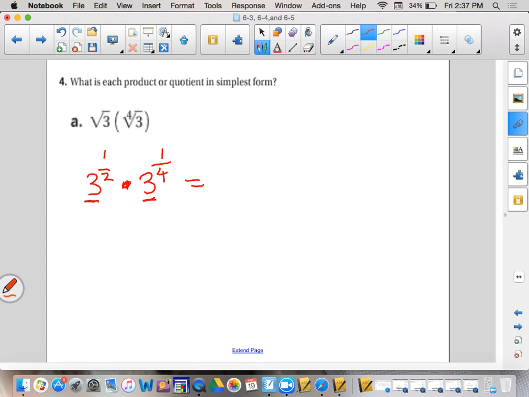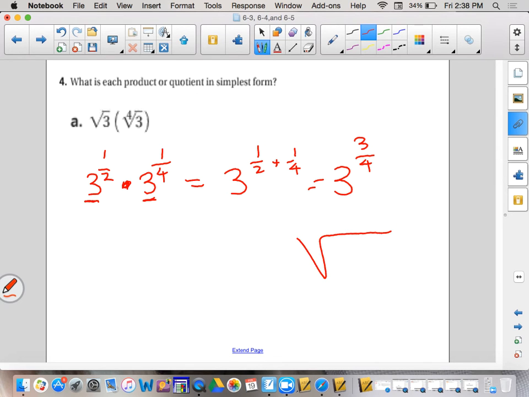Now, I have a problem that looks like this. My bases are the same. Does everybody see that? So I'm just going to move it over here. I'm multiplying exponents, so I'm going to add them. So a half plus a 4th. So what is a half plus a 4th? 3/4. So I've got 3 to the 3/4 that needs to be put into radical form because my problem is in radical form.